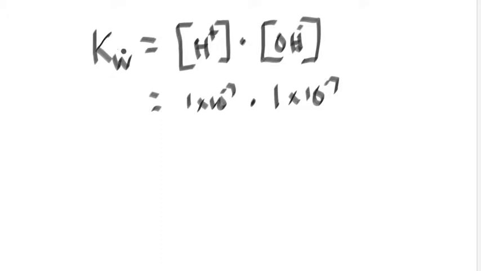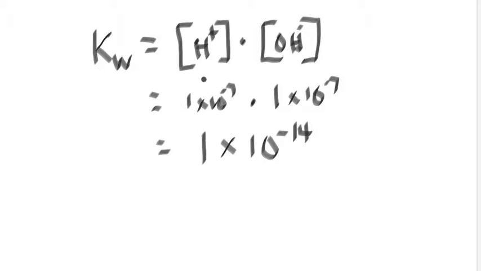So what they're saying is that in water, the concentration of hydrogen ions and hydroxide ions are equal to one another, and they are equal to 1 times 10 to the negative 7th. The constant is simply the product of those two, and if we multiply those two together, we get 1 times 10 to the negative 14th. That is the Kw, or equilibrium constant for water.